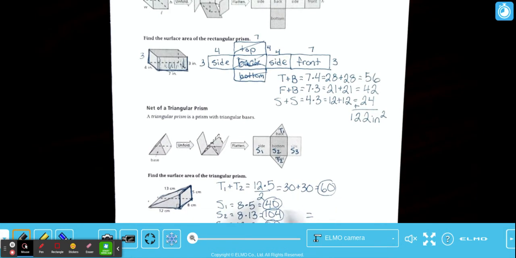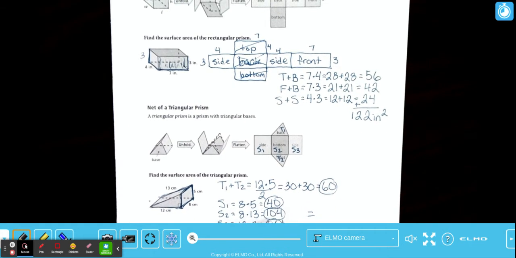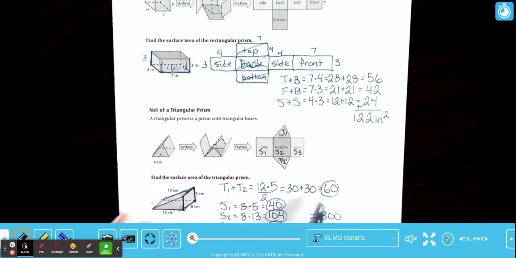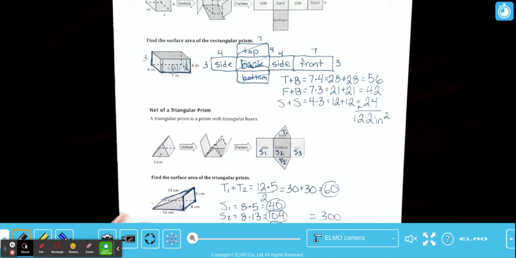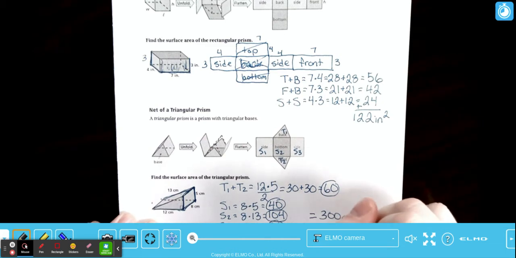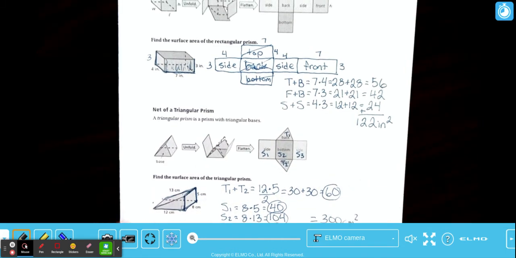Yeah, so 60 plus 40 is 100, plus 104 is 204, plus 96 is 300. Okay, 300 what? Centimeters squared. Very good.